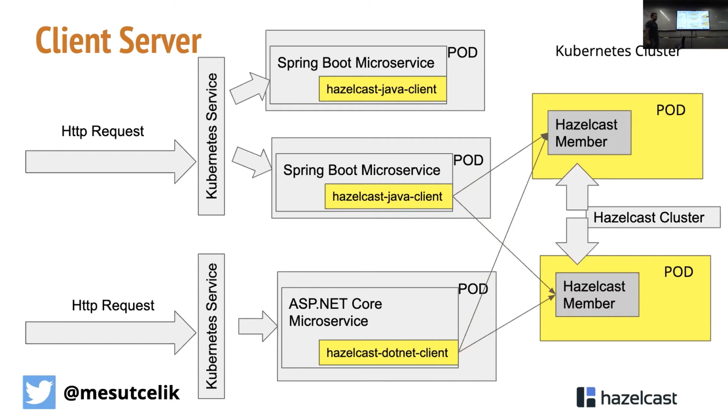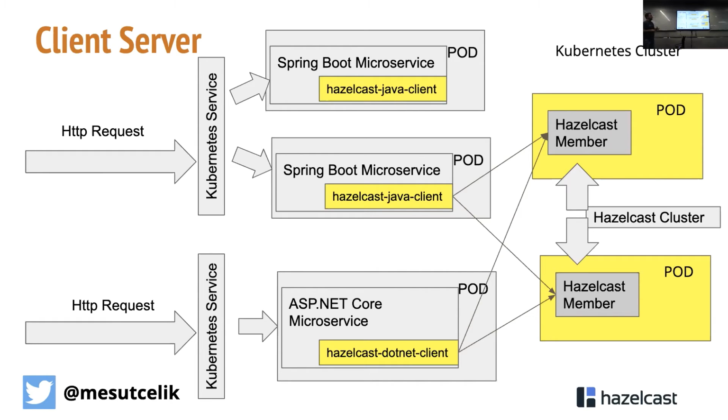Client-server pattern is the one that we see most, because most customers or open source community members put in production using this pattern, because you separate the microservices layer and the cache cluster layer. In terms of maintainability, that's easier, and that's the main reason.